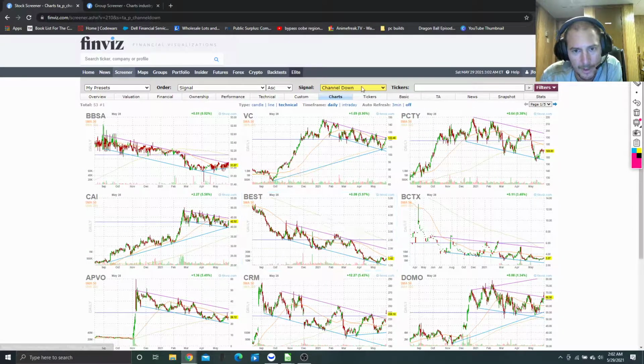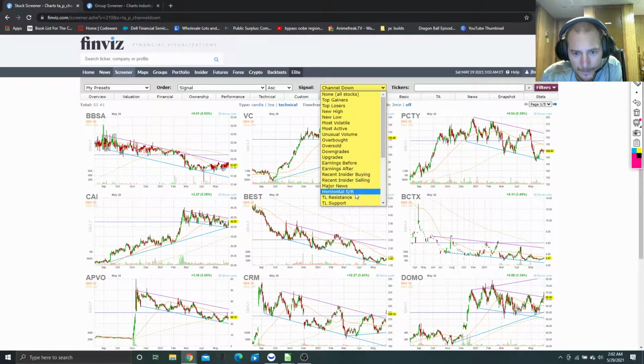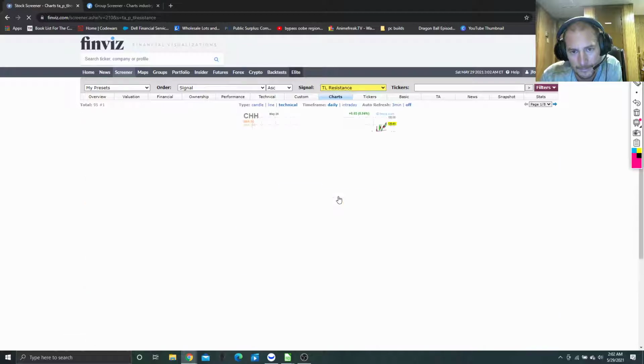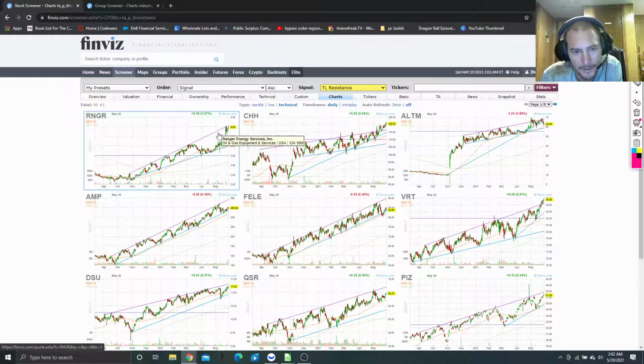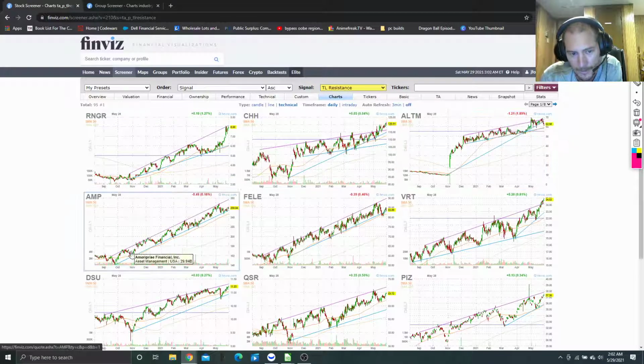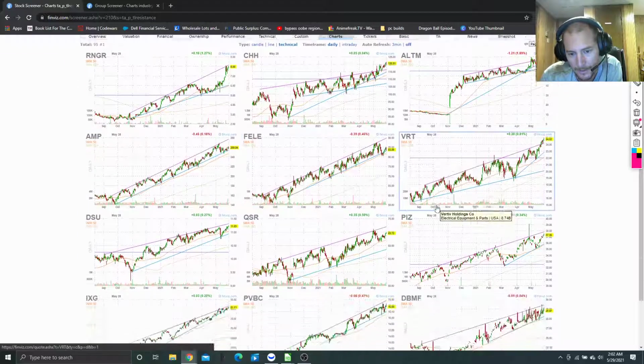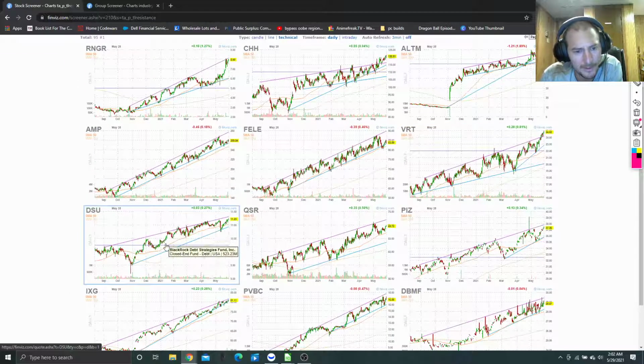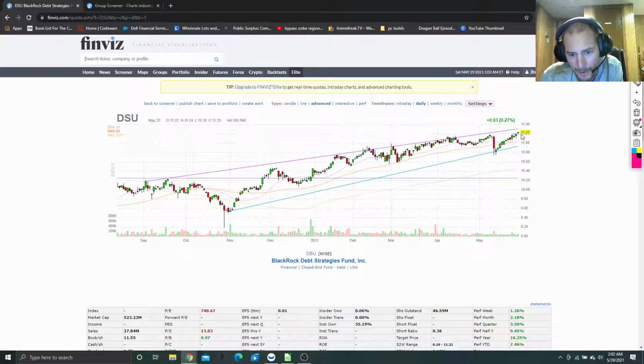Find these setups, and you would look for trend line resistance here. So see here, trend line resistance, trend line resistance, trend line resistance, and then let's just assume that DSU would fit our criteria here. We would go to financial, and we would look for closed-end funds here.